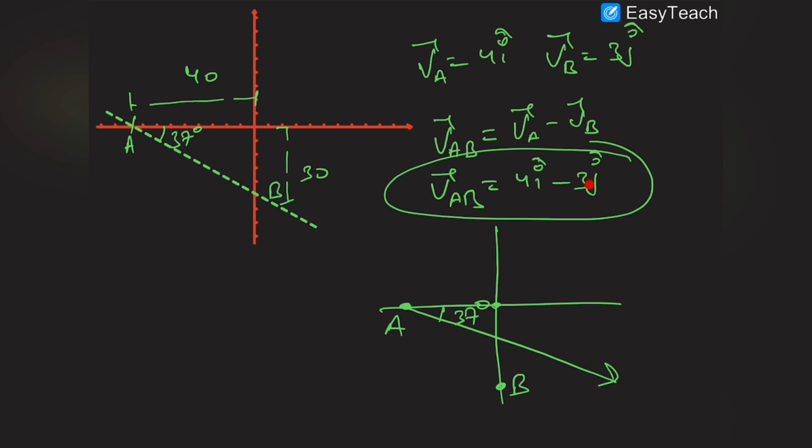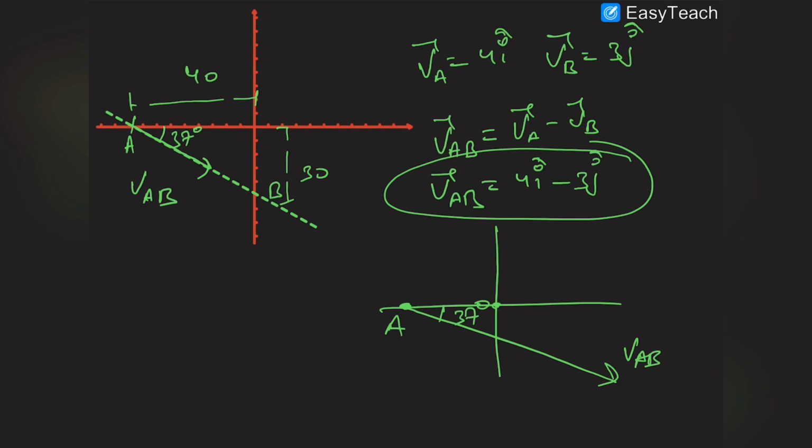So tan theta is equal to 3 by 4, which means that the VAB vector is making an angle of 37 degree with the x-axis. So it is evident that this vector is along the line AB only, because this line AB is also making an angle of 37 degree with the x-axis, and this vector VAB is also making an angle of 37 degree with the x-axis.